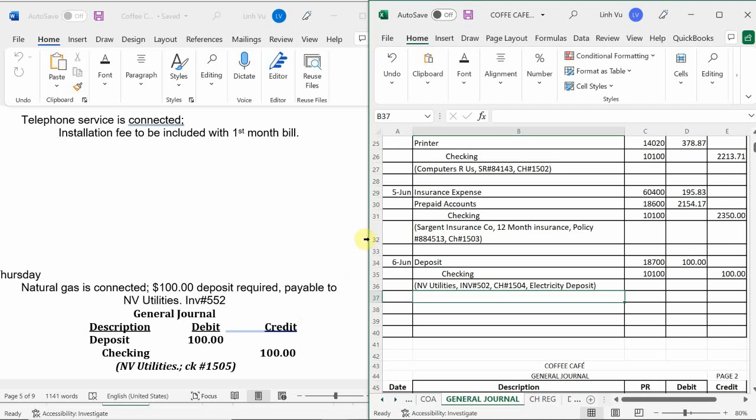Deposit and checking. It's going to be the same exact transaction here, except obviously you have a different invoice number and a different check number that you're going to issue.